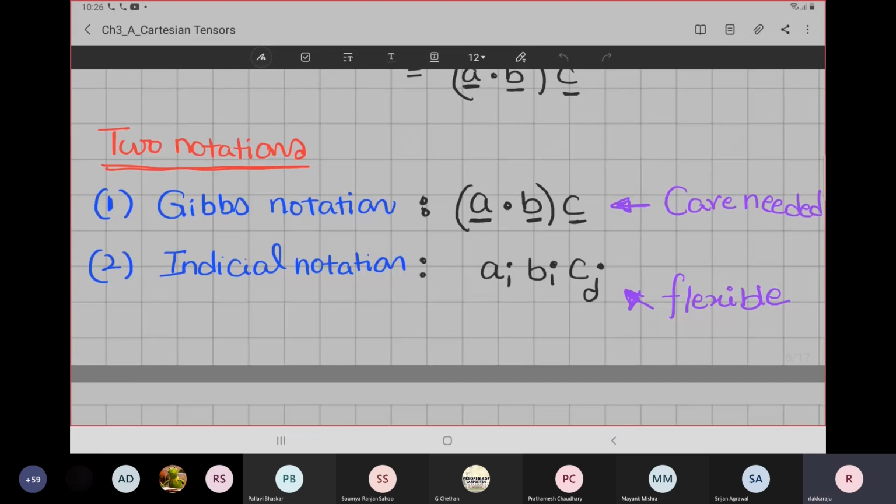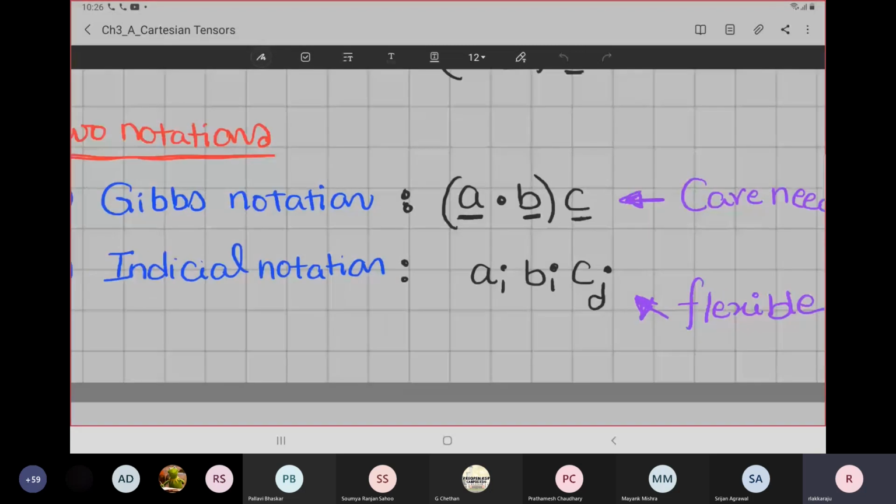In the 20th century, people started realizing that Gibbs notation has inherent difficulties in going to higher rank tensors, explaining stress and so on. So let us use another notation named indicial notation. There are people like Ricci, Christoffel, many guys who tried to simplify Gibbs's notation further, because at the Gibbs level you have to handle vectors.